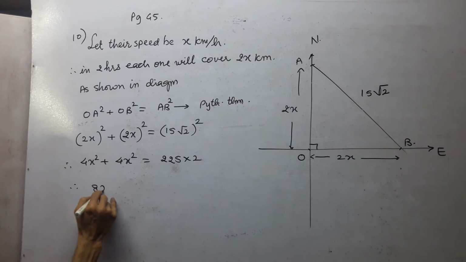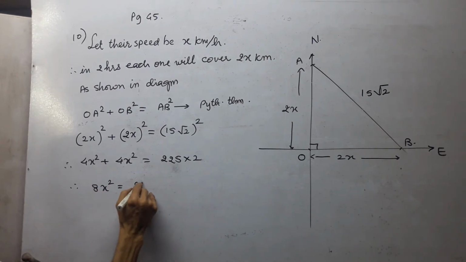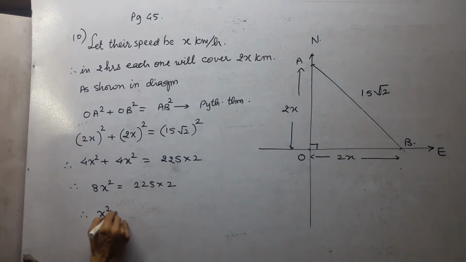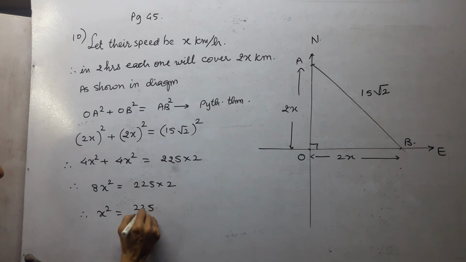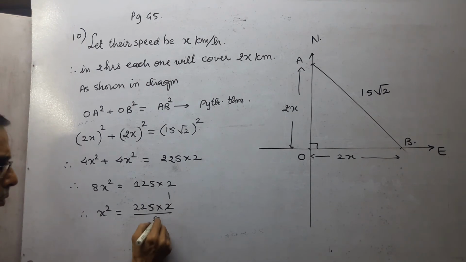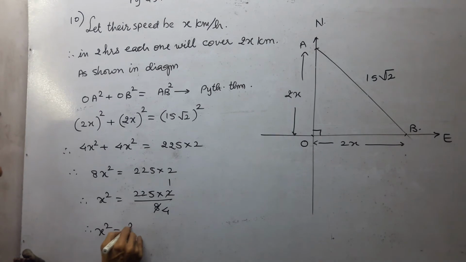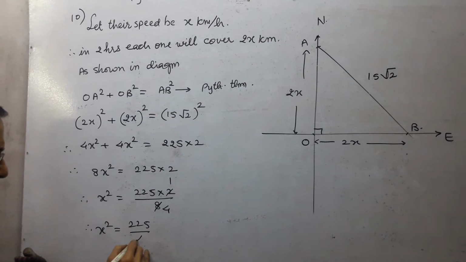And therefore 8x square is equal to 225 into 2. Therefore x square is equal to 225 into 2 upon 8. So 8 will divide here. 2 ones are 2 and 2 fours are 8, and therefore x square is equal to 225 upon 4.